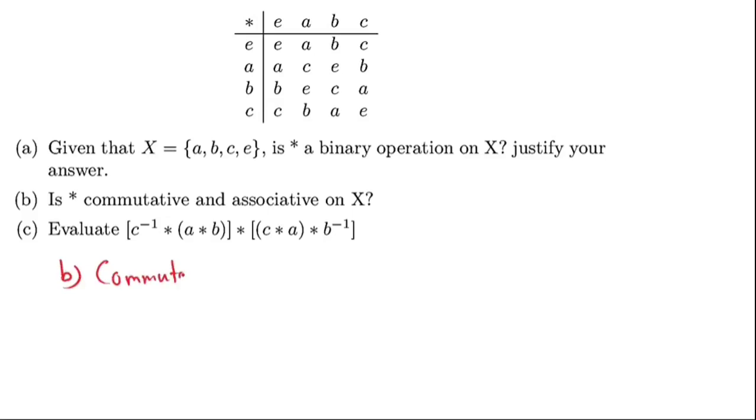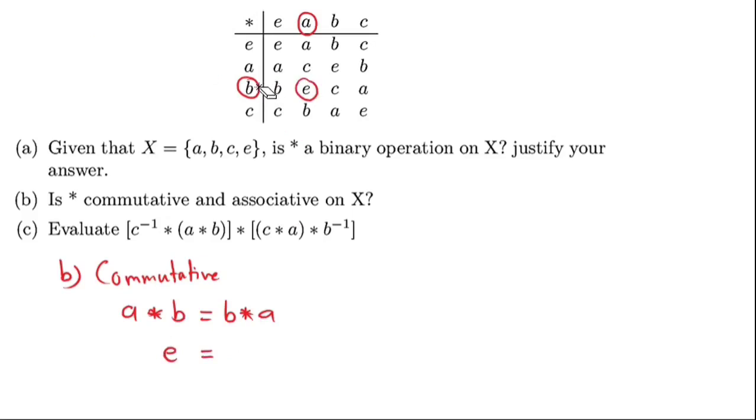The definition of commutative is that, given an operation a star b, for this to be commutative, this must equal b star a. So let's find a star b. From the columns, this is our a, this is our b. So what do we get? e. So this gives us e.